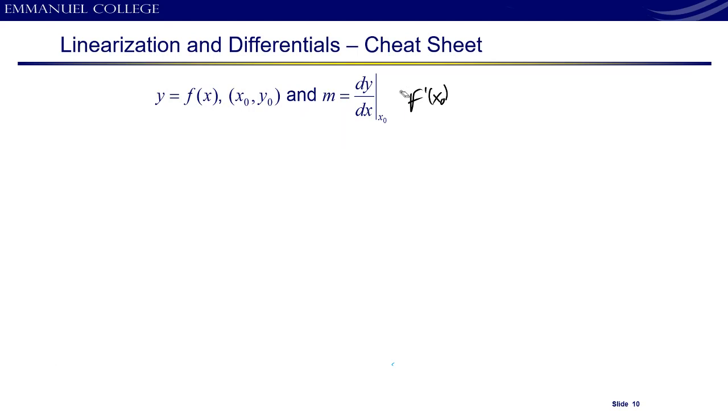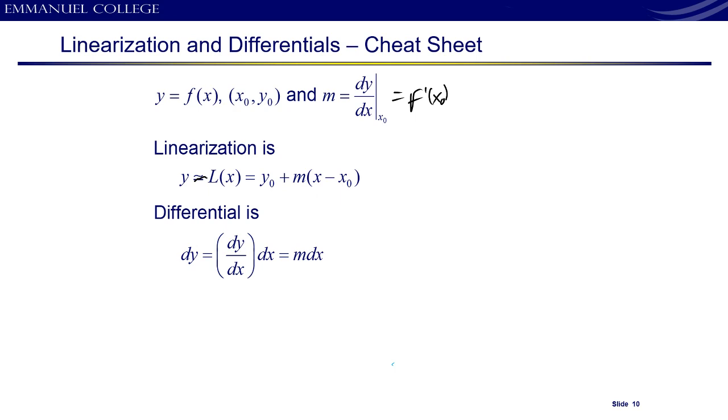I don't even need to do the little parentheses. So then your linearization, L of x, is equal to y naught plus m times x minus x naught. Your differential is dy dx times dx, which is just the slope times the change in x.